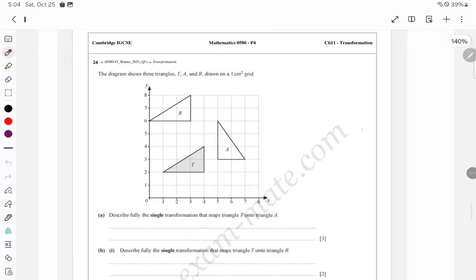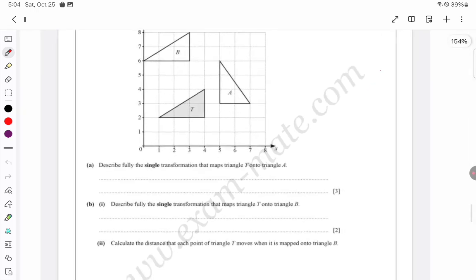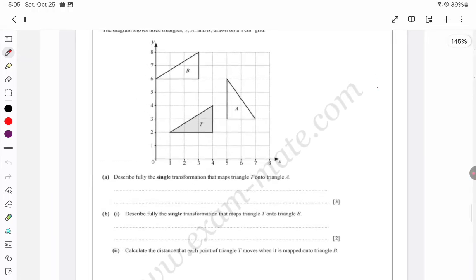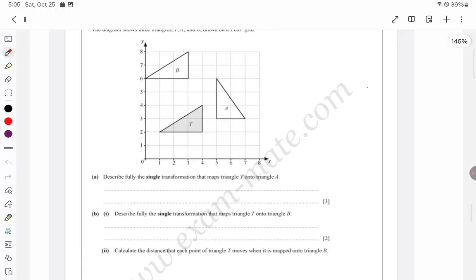Now in question 24, the diagram shows three triangles T, A and B drawn on a 1 cm square grid. In part 1, describe fully the single transformation that maps triangle T onto triangle A. So for the transformation, what are we going to do? First we have to calculate the center.